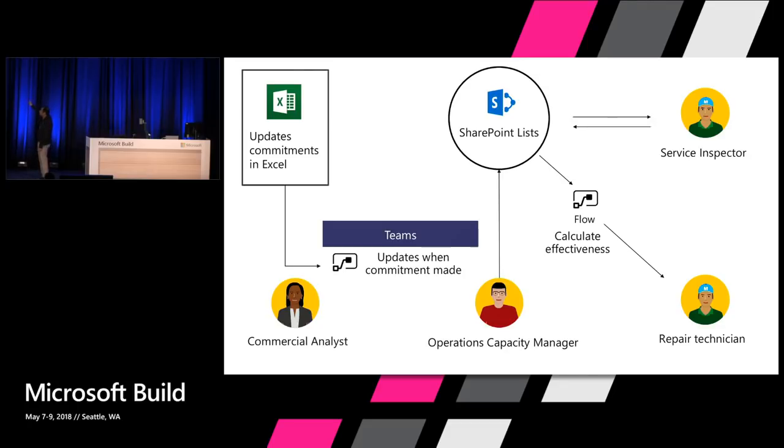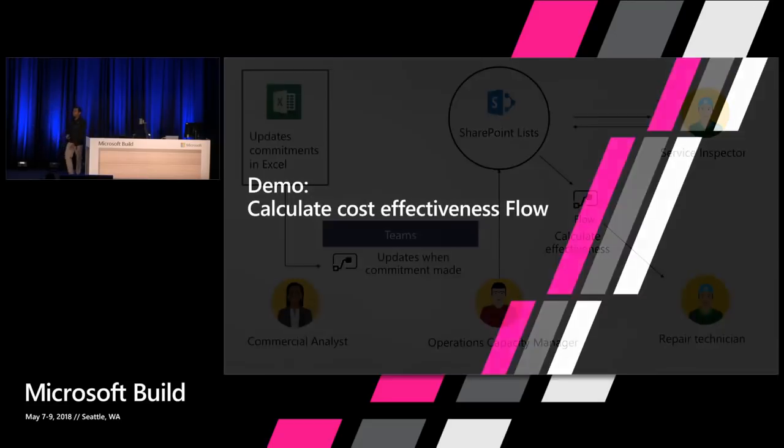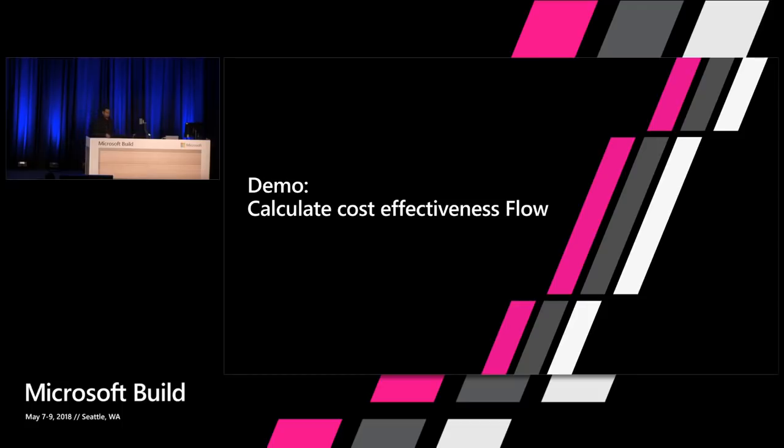I had my service inspector go in and create inspections. I then created an Azure function to calculate the cost effectiveness. What I now want to do is call this Azure function from a flow. And if it is indeed cost effective to send out a technician, I want to send an email and a text message to that technician. A lot of moving pieces. Let's see how it goes.